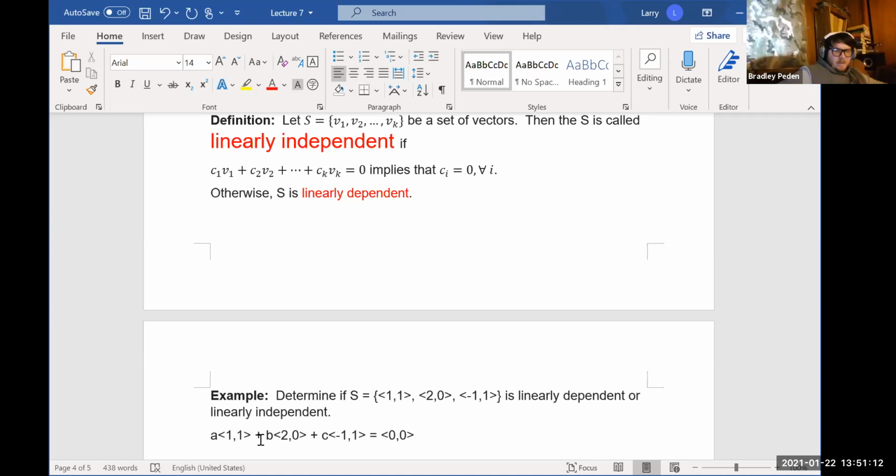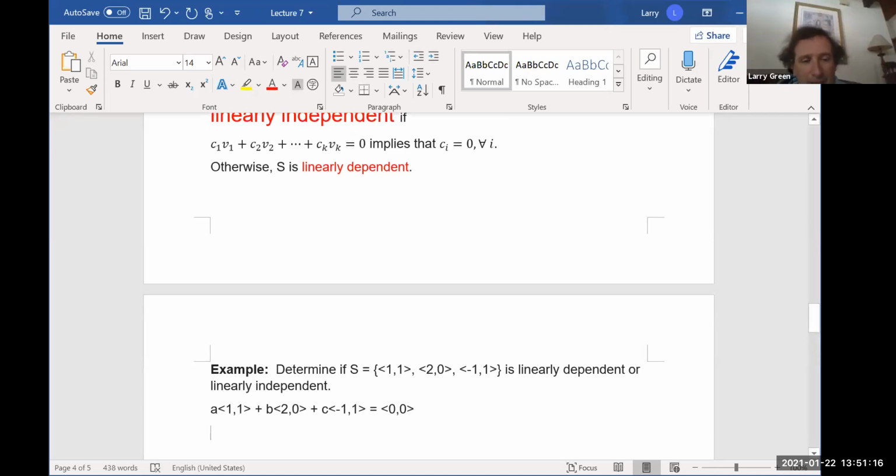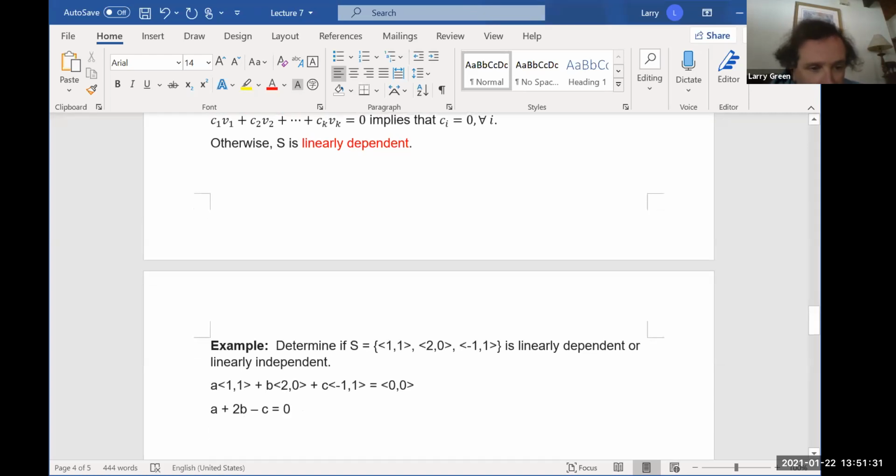Set up our matrix. Yep, we can set up the matrix, and that'll always work, but I'm going to do the intermediate step just in case other people get lost. I can write this as A plus 2B minus C is equal to 0, and A plus C is equal to 0.